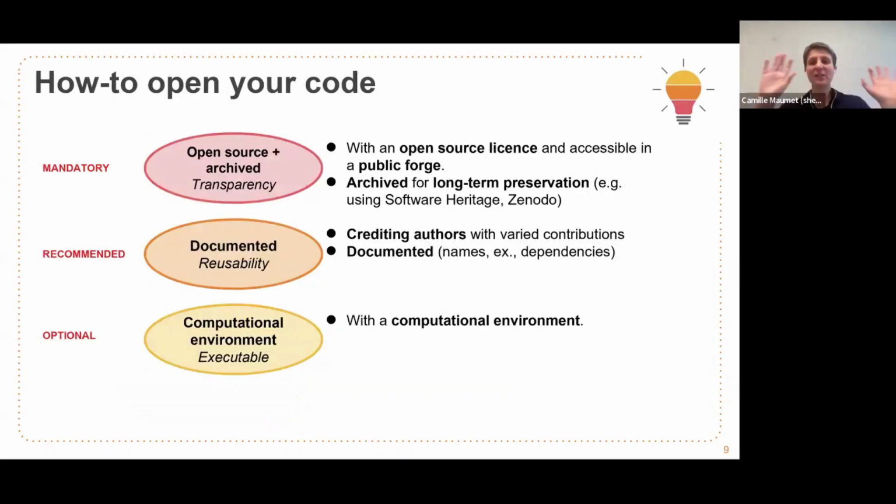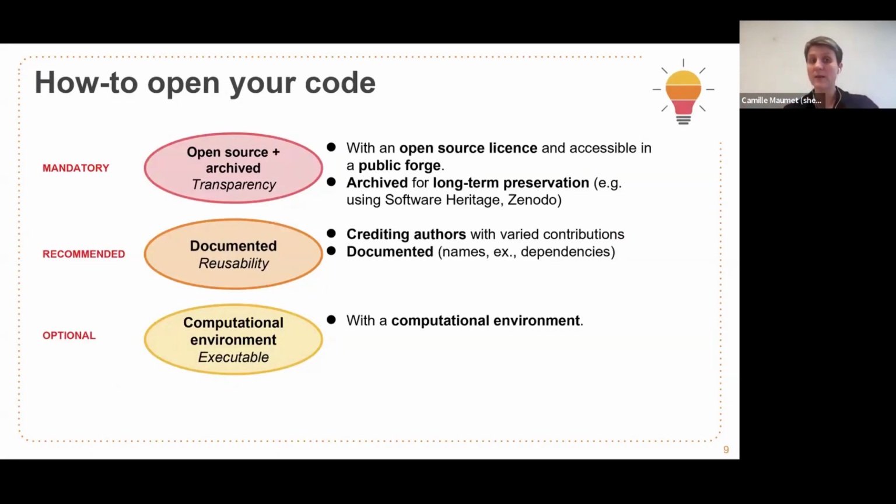Okay, so trying to recap a little bit. How can we open up code? First, please note on the left, what's mandatory as best practice is only what's here at the top. So having code that is open source and that is archived. And this brings transparency, which is so important already. So an open source license in a public forge and then archiving using a repository for long-term preservation.